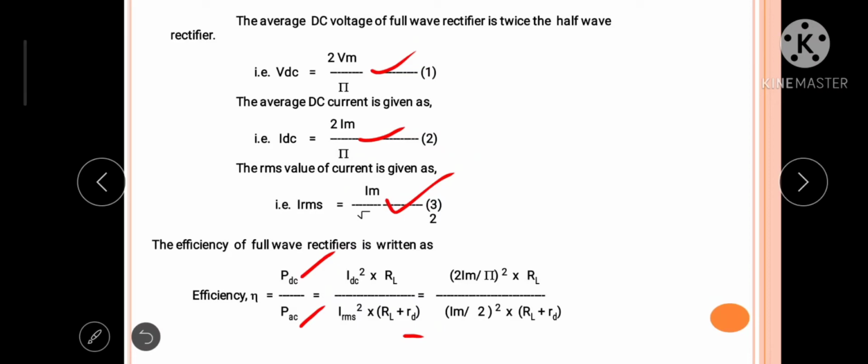Now in this equation, the value of IDC we take from equation 2, and the value for IRMS is taken from equation number 3 above. By substituting these values, we can write the equation as twice Im upon pi whole square into RL upon Im by 2 whole square into RL plus RD.